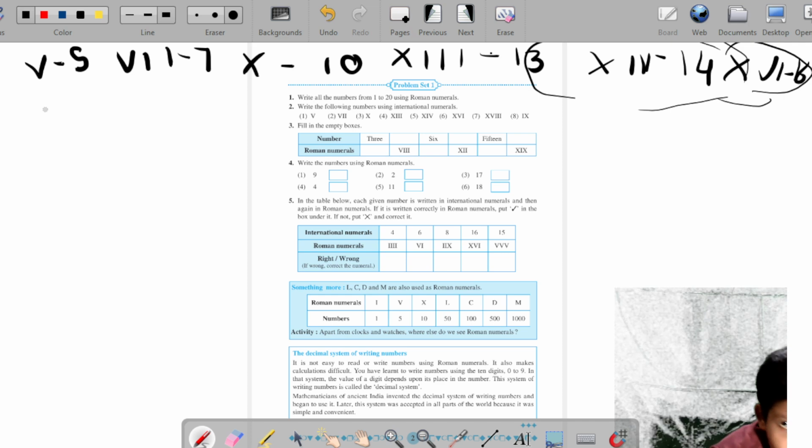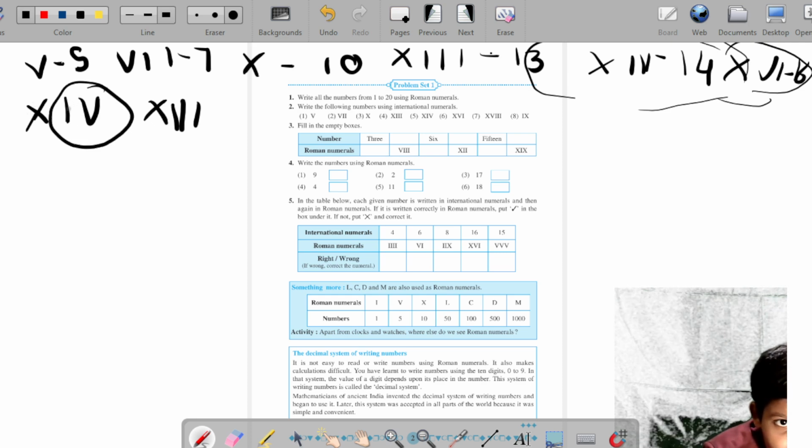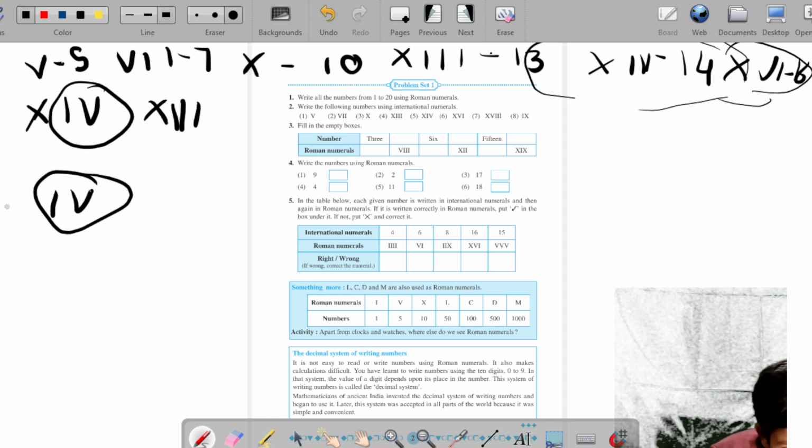So see here, I am going to write 14 and here 16. See what is the difference? Sometimes we get confused. This is 4 and this is 6.